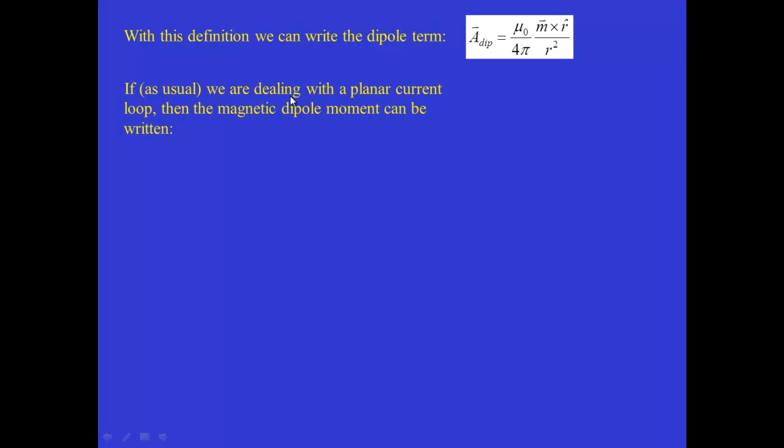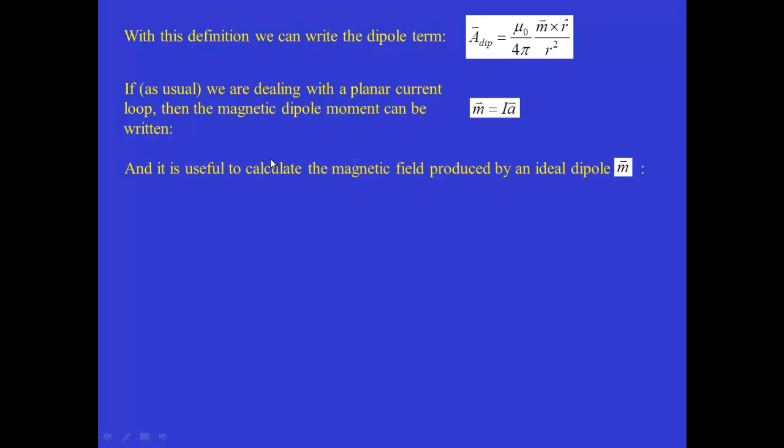So in many cases, we deal with a planar current loop. And so that would make the evaluation of that area vector very simple. The magnetic dipole moment would simply then be the current times the vector area of the loop, where, of course, by convention, the direction of that area vector is perpendicular to the plane of the loop.